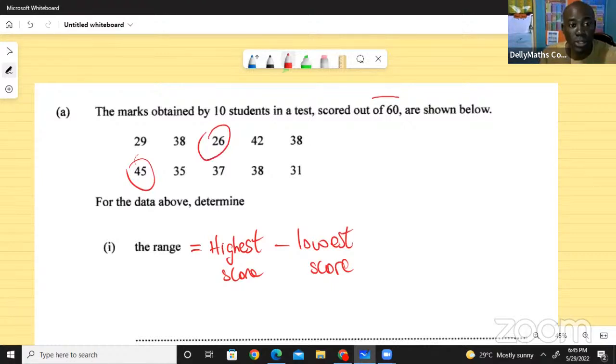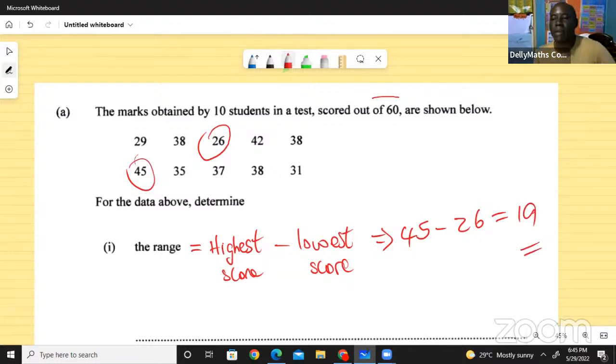So you have to make sure that you're looking on 45 and 26, right? So 45 minus the 26, 19. So I'm getting 19 for the range. So the range is always the difference between the highest score minus the lowest. So the difference between the highest and the lowest is called the range.